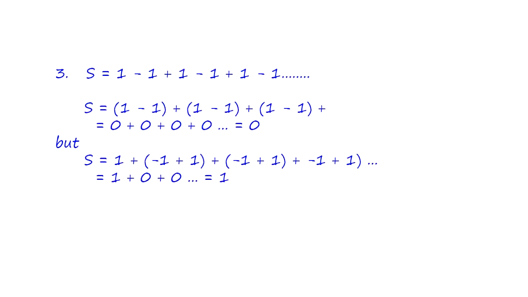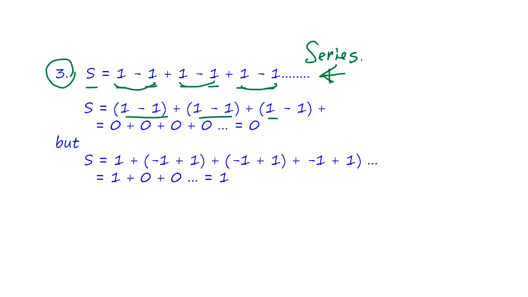Okay, let's look at the next example. Say S is 1 minus 1 plus 1 minus 1 plus 1 minus 1. Okay? And this series, we put this together, right? Like this. So 0 plus 0 plus 0, so it should be 0.